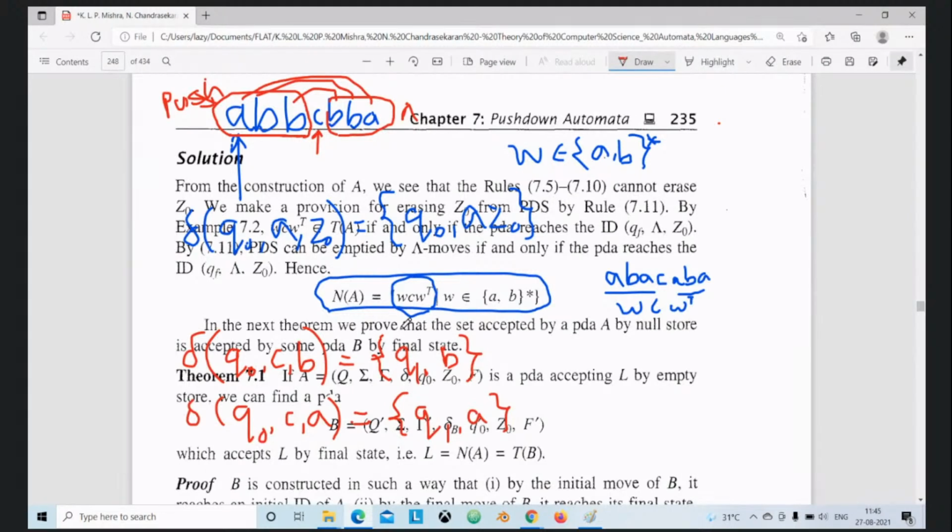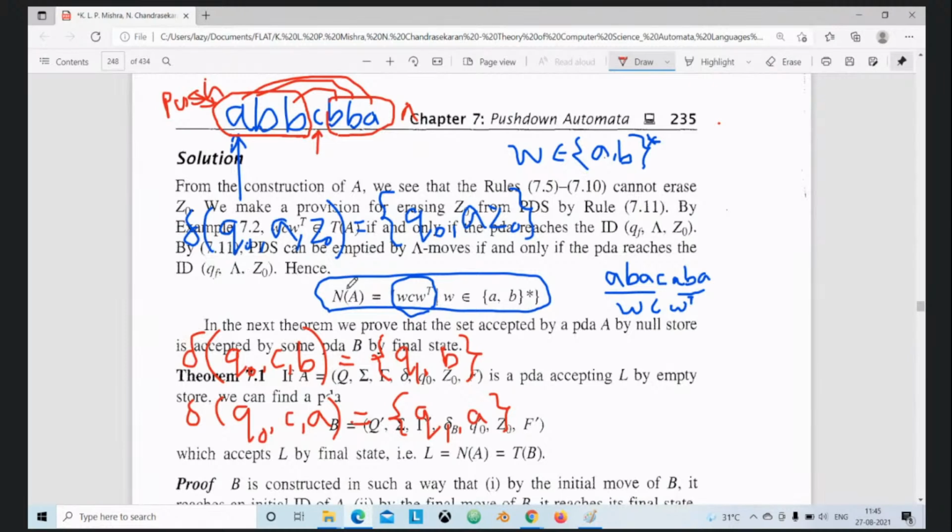Try and post in the group, because I have written only a few. The rest you have to write, because here you have to consider B can appear in the beginning also. An A can come after reading an A, a B can come after reading a B. All those possible combinations you have to checklist. Then only we can have a complete set of transitions. So write that entire set of transitions and post into the group.